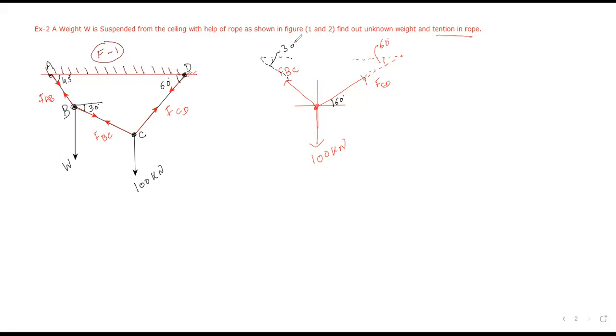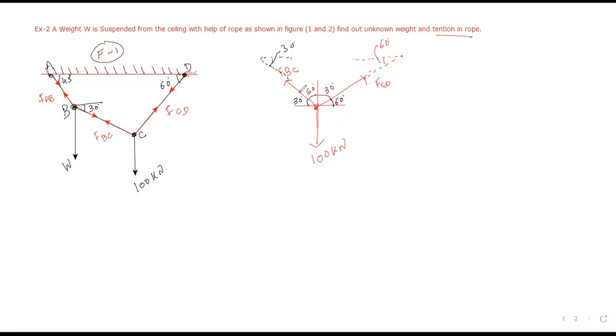So can I say that this angle is also 30 degrees? Yes. Okay, the total will be 90 degrees, so this remaining angle will be 60 degrees. Again the total is 90, so this remaining angle will be 30 degrees. Yes or no, please confirm. Now what we will require is the angle between the three forces.